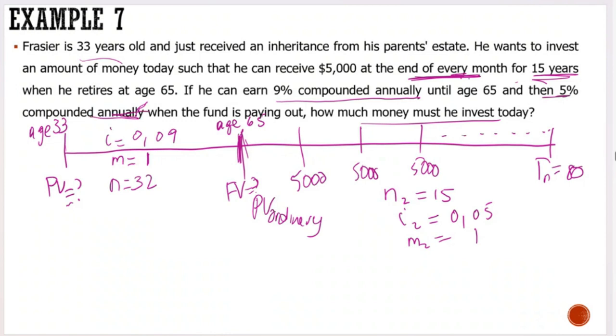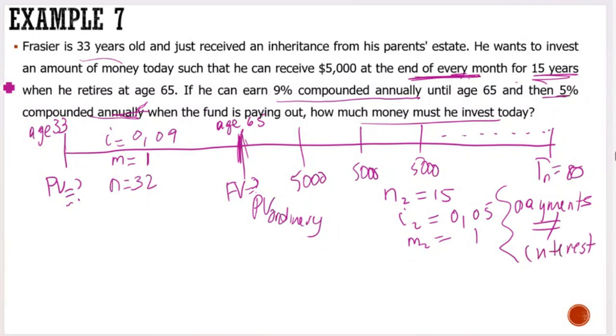So there's a problem: the payments are not equal to the compounding interest.